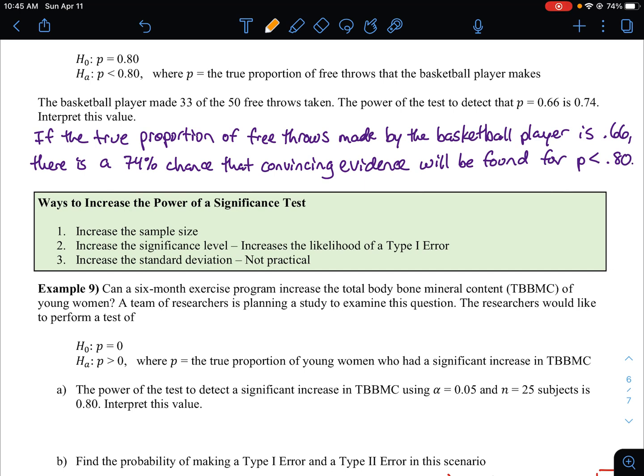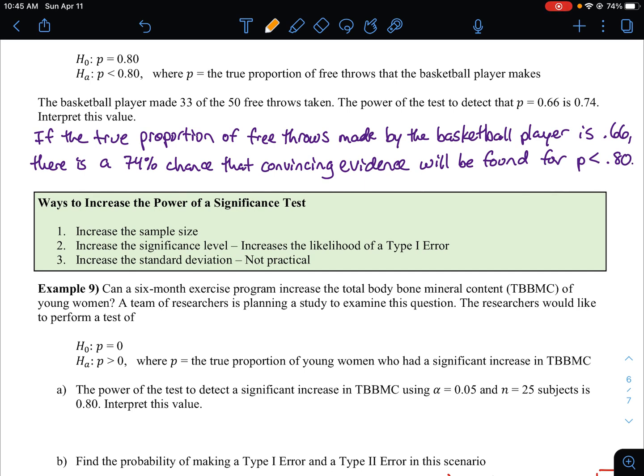And the third possible way is to increase the standard deviation, but that's not really practical. The standard deviation is what it is. We can't really manipulate or affect that value. It's just because of the formula for power, it is based partially on the standard deviation, and with a larger standard deviation, the power would increase.